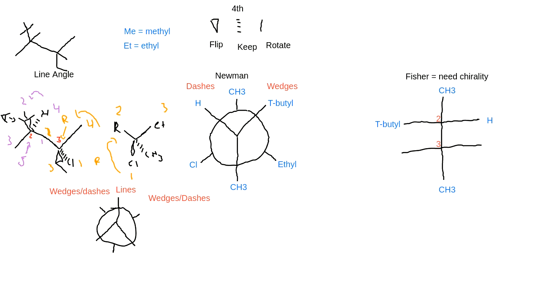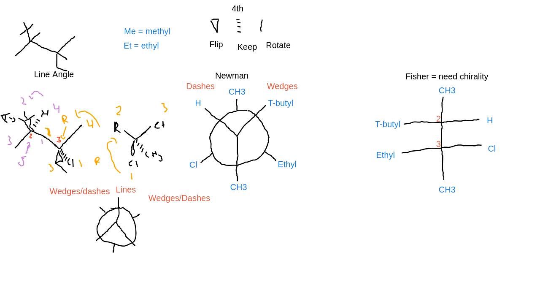I'm going to place my chlorine here, my ethyl here. Okay, so I just randomly placed it because I don't know for sure which direction it is until I do my priority again. Which is exactly what I'm going to do right now.